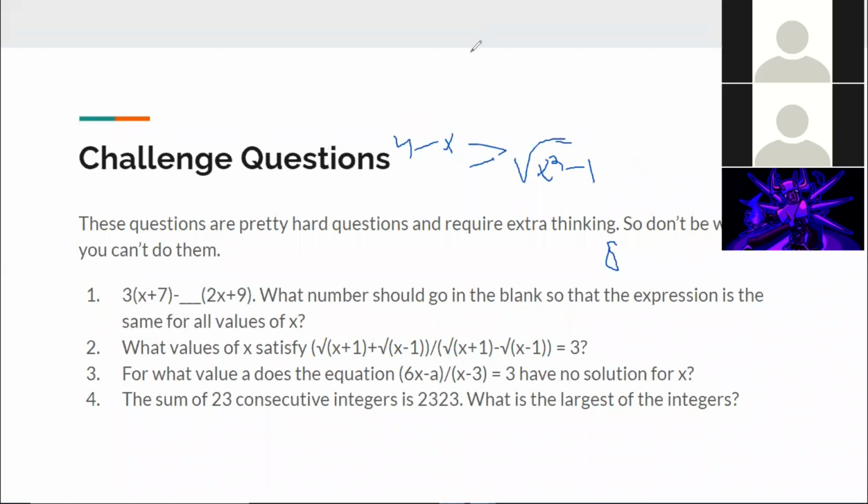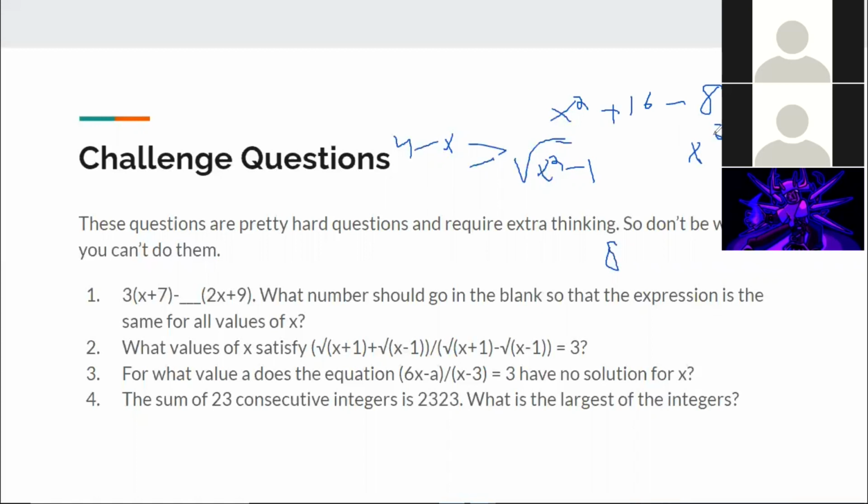Now you can just square both sides. Also, a minus b whole squared is a squared plus b squared minus 2ab. So this will just be x squared plus 9 minus 6x. This should be equal to x squared minus 1.